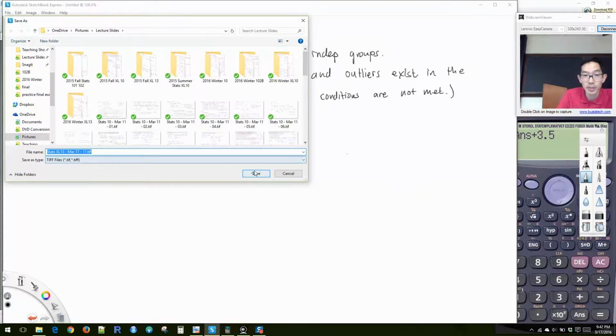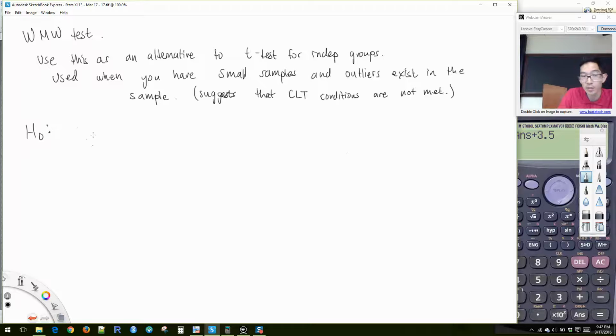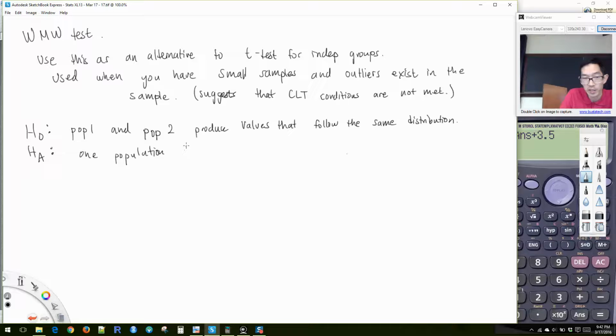Okay, and so the way this works, your null hypothesis, there's no symbols here, is just that population 1 and population 2 produce values that follow the same distribution. And then the alternative would be one population tends to produce larger values than the other population.